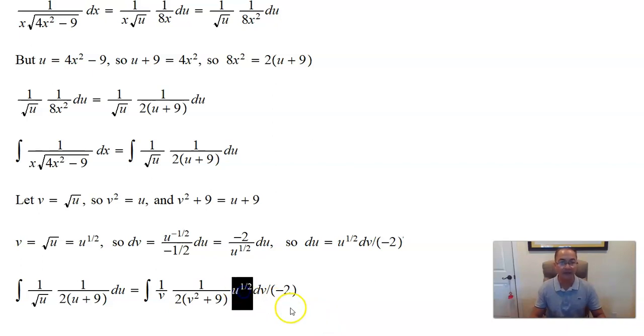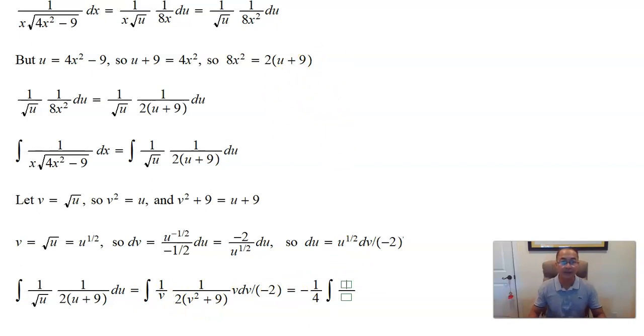That is also v. So these v's cancel. Yay! And we have dv over negative 2, so that negative 2 can join the 2 here to become negative 4. All right, so we get negative 1/4. The v's will vanish, and we are left with only 1 over v squared plus 9 inside our integral.